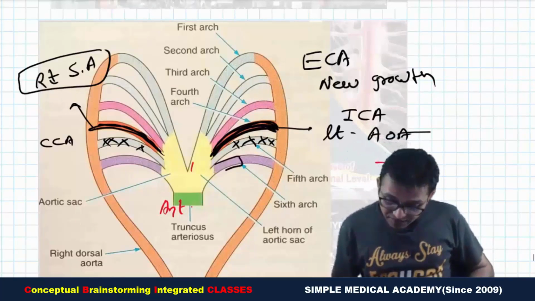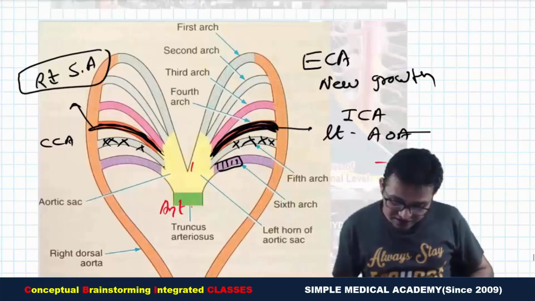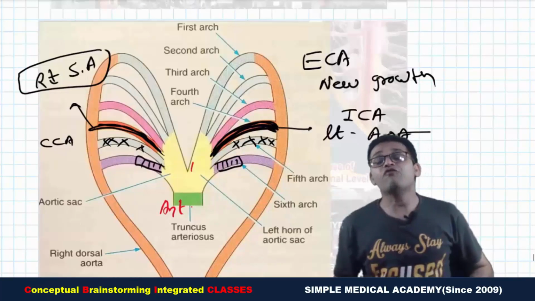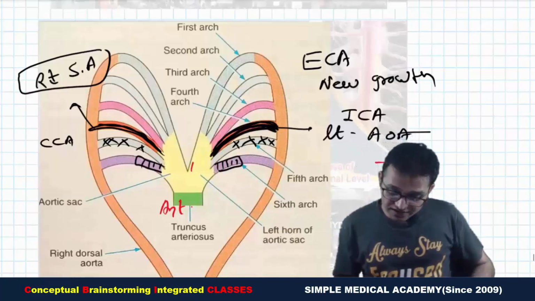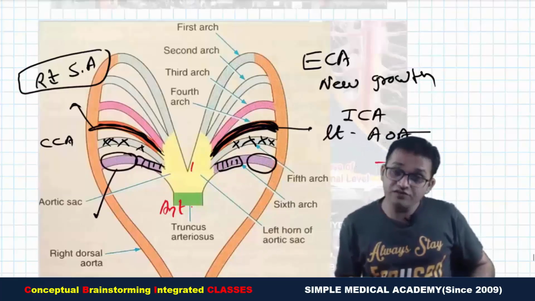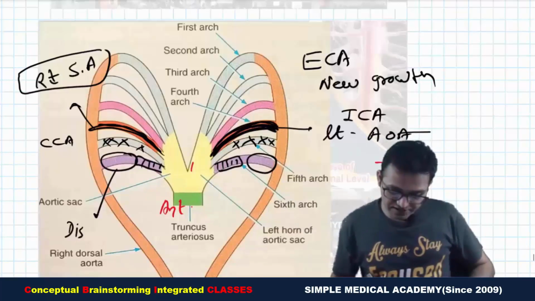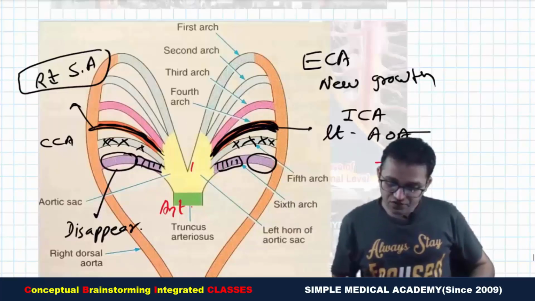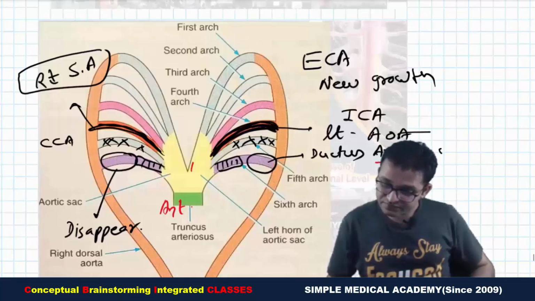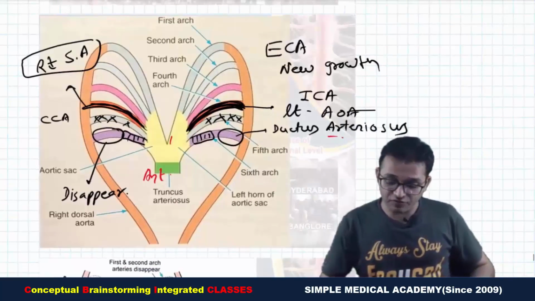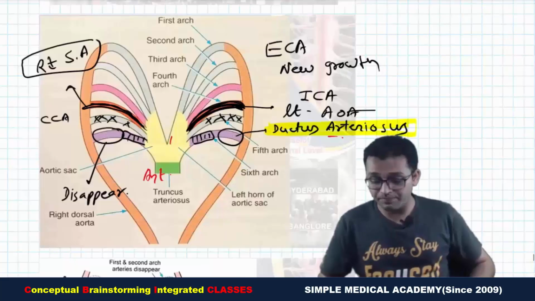Now the sixth arch artery. The proximal part of the sixth arch artery on both sides forms the pulmonary artery, which supplies the lung, while the distal part on the right side disappears, and on the left side it forms the ductus arteriosus, a very important embryological structure that we will correlate with pediatrics.